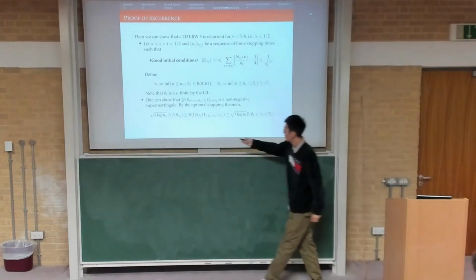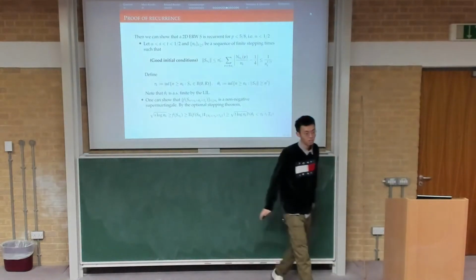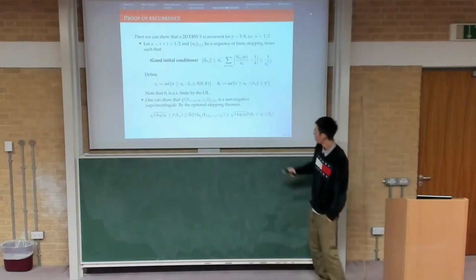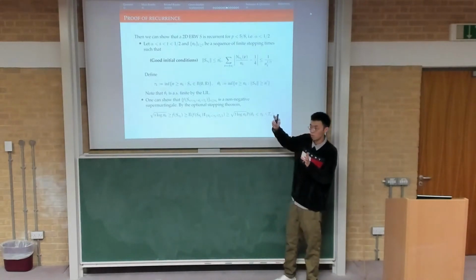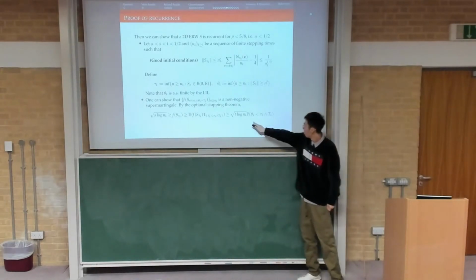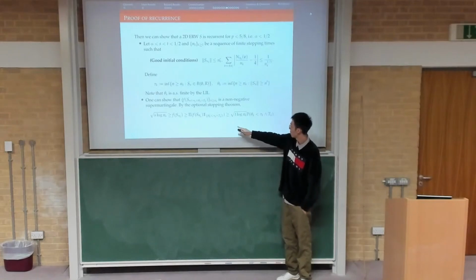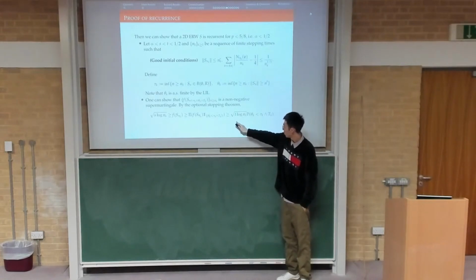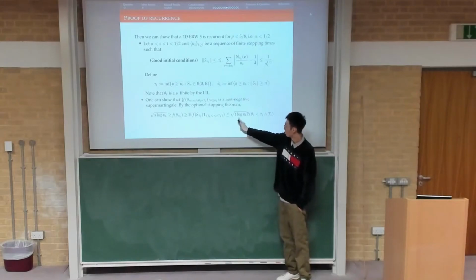The initial condition makes sure that it's less than the square root of s times log nk. But on the event that you first reach the boundary of the growing ball of n to the t, the value of f is at least the square root of t times log of theta k, but theta k is greater than nk, so it's greater than this.